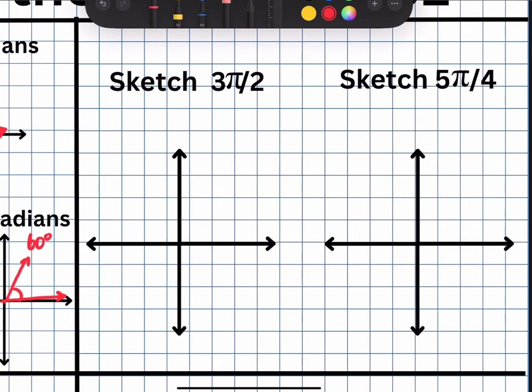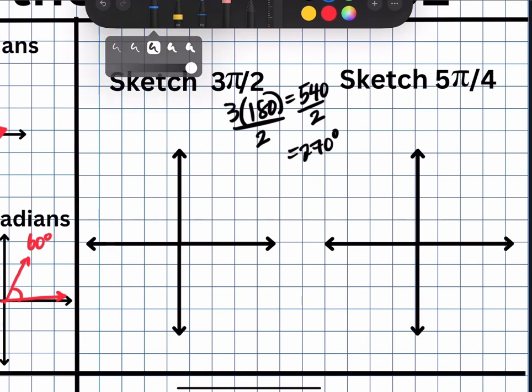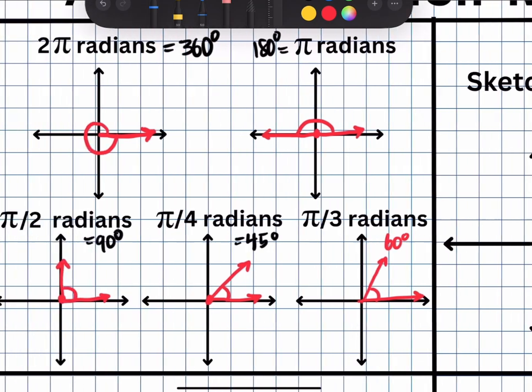So for my first example, I have 3 pi over 2. So I could graph 270 degrees, and at this point, you guys already know how to do this, right? But another way so that I can begin to conceptualize graphing in radians, well, I know this is 3 pi over 2's. So how much is 1 pi over 2? Well, let's look over here.